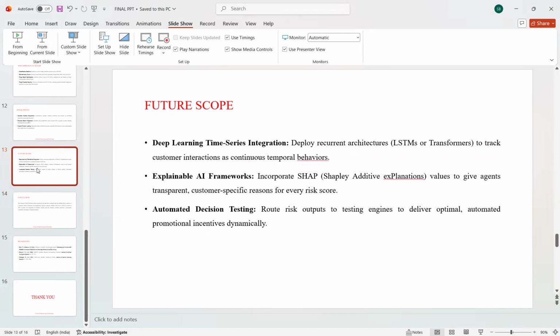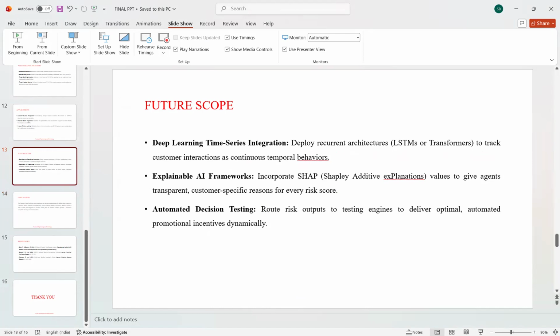And next, moving on to the future scope. The first one is deep learning time series integration. This uses advanced AI models to study customer behavior over time. This can improve the prediction accuracy.